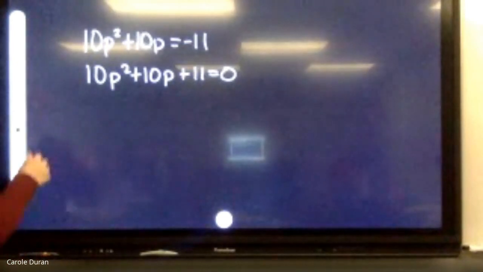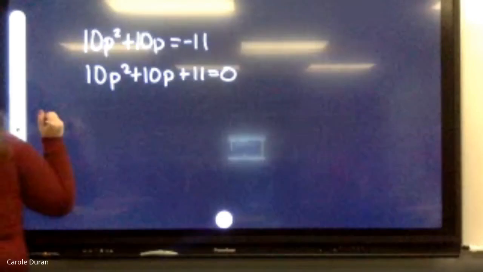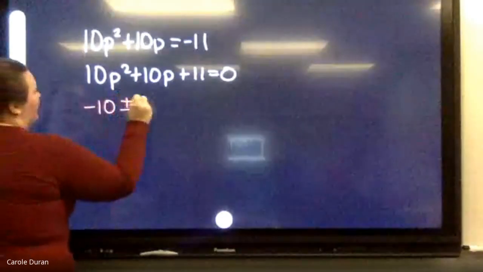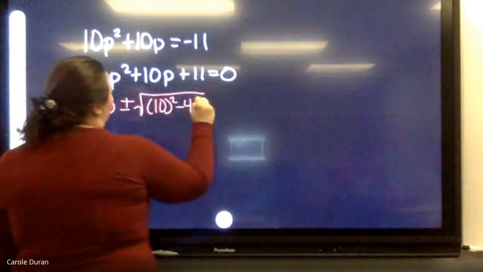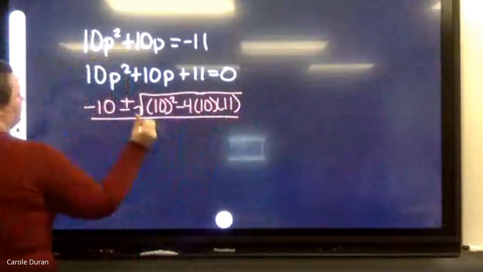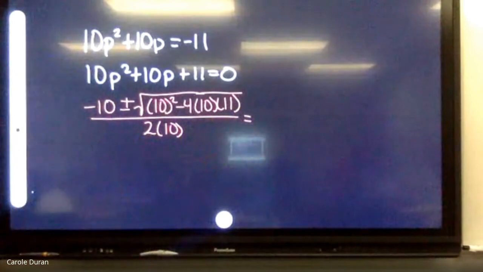Quadratic formula, yeah. So when I do, what do I get? Like, what is my quadratic formula with the numbers plugged in? So negative 10 plus or minus the square root of 10 squared minus 4 times A times C all over 2 times A. I simplify inside of the square root and I get what answer?